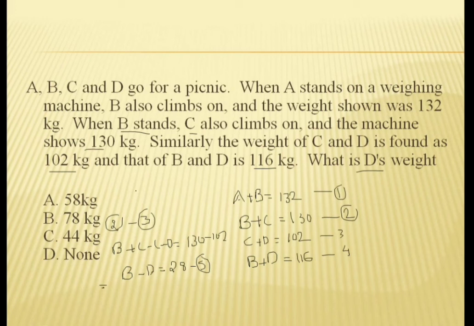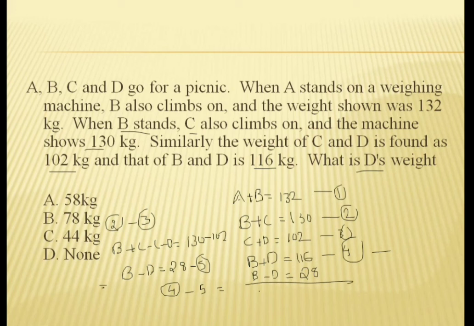That can be taken as equation 5, and we have equation 4, B plus D is equal to 116. So if we solve both, 4 minus 5 can be done. B plus D equal to 116, and B minus D equal to 28.